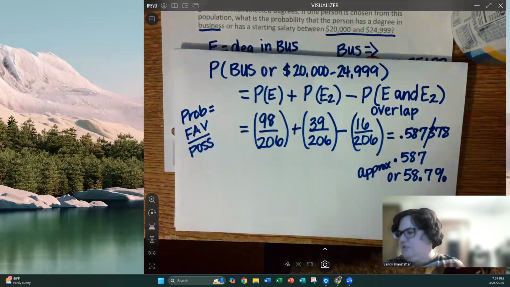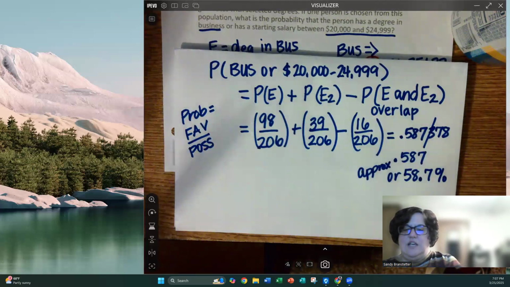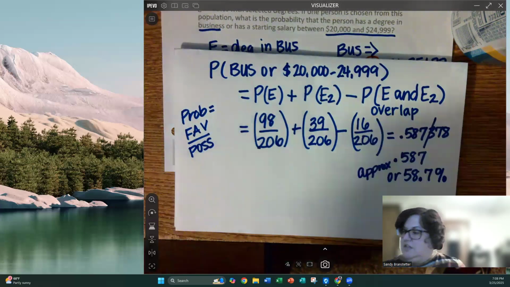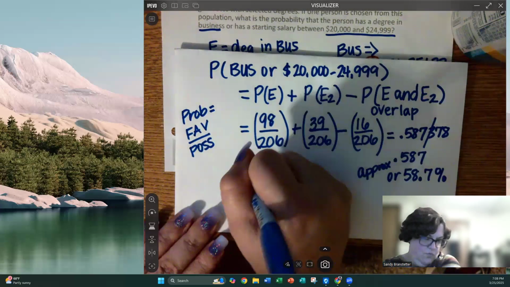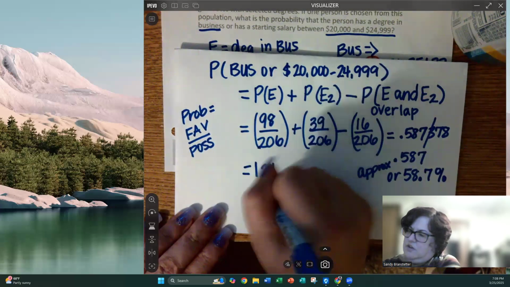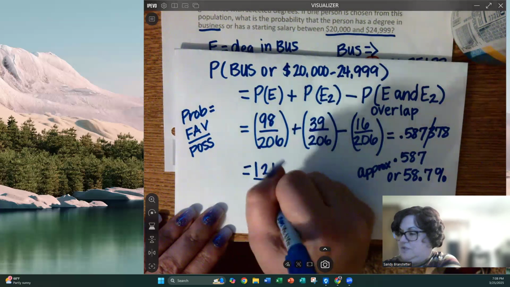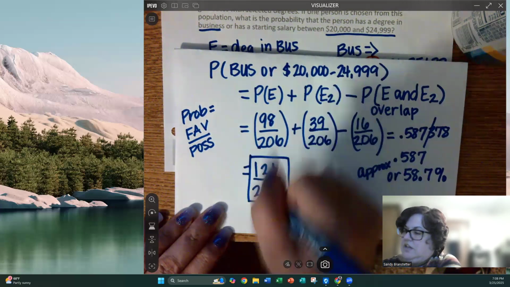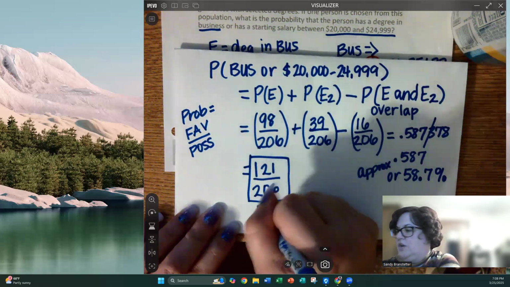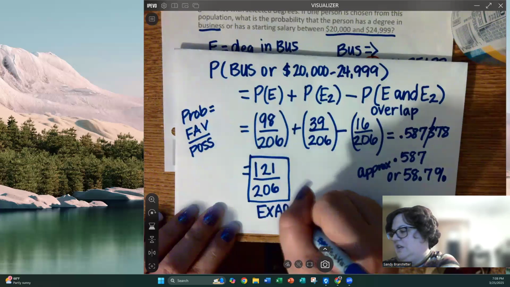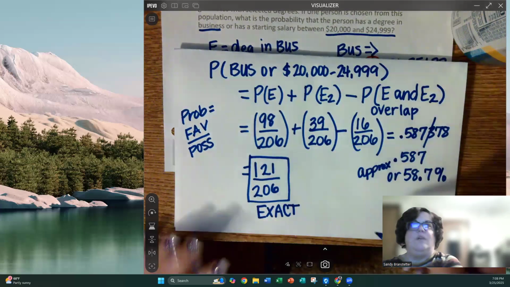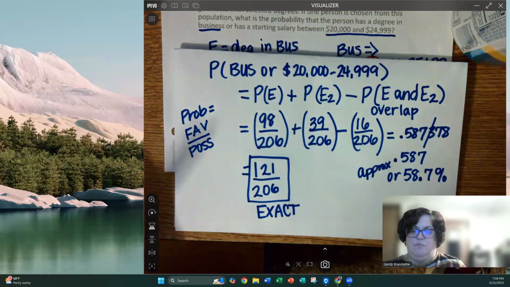In which case, you would do 98 plus 39 minus 16, and that would give you 121 over 206. Again, if you are doing homework and it asks for an exact answer, then always leave it in fraction form.